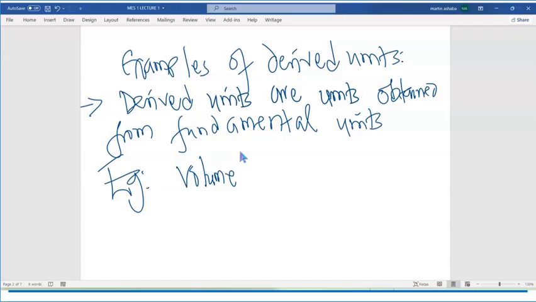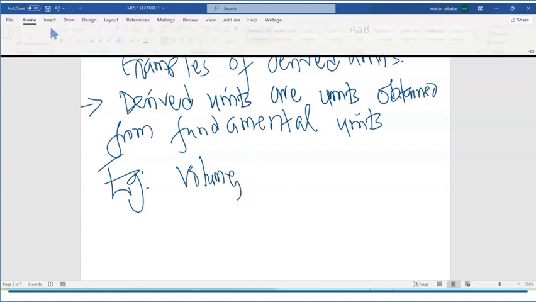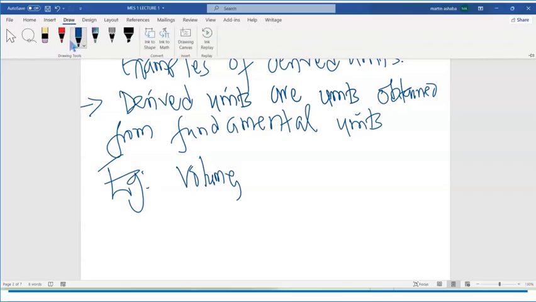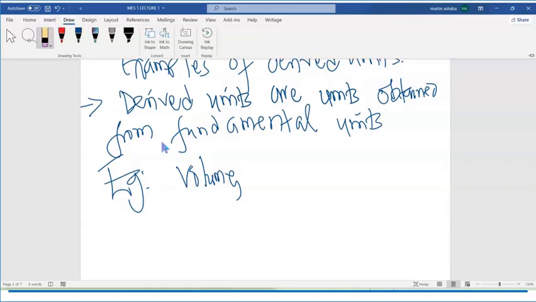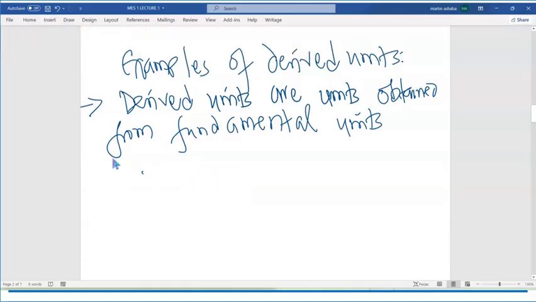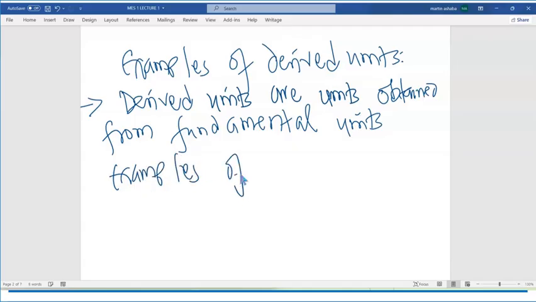Just tell me now, what are the examples of derived quantities?